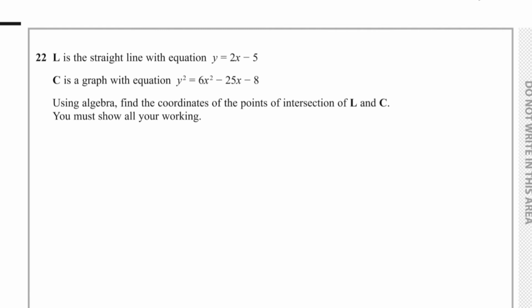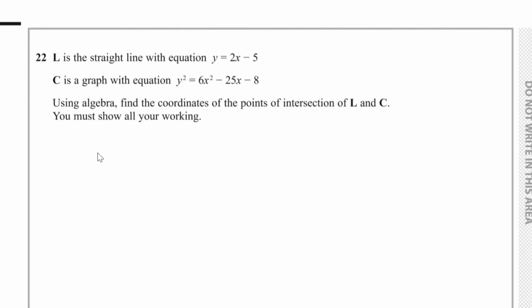Question number 22. L is a straight line with equation y equals 2x minus 5. C is a graph with equation y squared equals 6x squared minus 25x minus 8. Using algebra, we have to find the coordinates of the points of intersection of L and C. You must show your working.